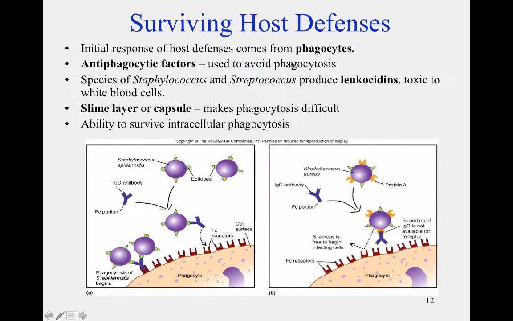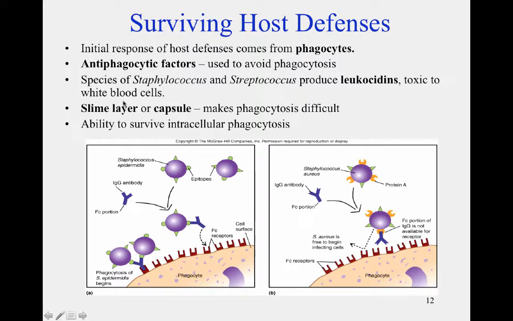So these are used to actually avoid the process that's elicited by these phagocytes. So certain strains of Staphylococcus, also Streptococcus, produce these particular compounds called leukocidins, which actually are toxic to white blood cells. They can kill white blood cells.